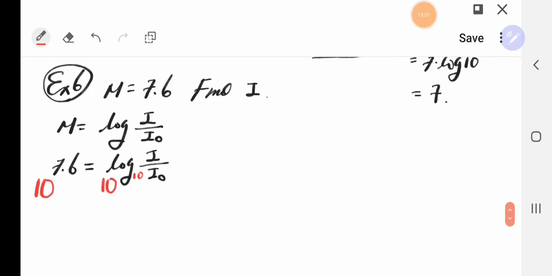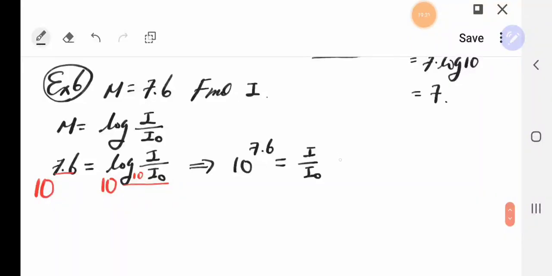So we will change this one into an exponential equation. So the base is 10, the exponents are 7.6 and this logarithm. So if we rewrite it, the left hand side is 10 to the 7.6 power. The right side, we have only I over I0, because 10 to the logarithm base 10 cancel out.